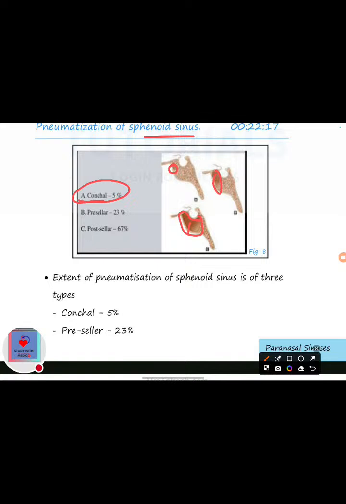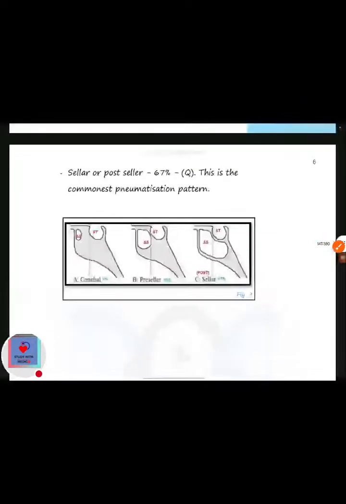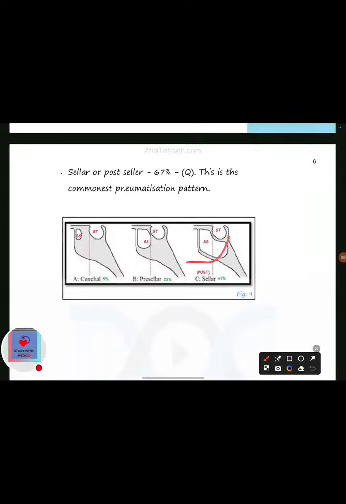So conchal is only 5% of sphenoid bone pneumatization, pre-sellar only 23%, and post-sellar 67%. It's a huge difference. Post-sellar is the commonest pneumatization.